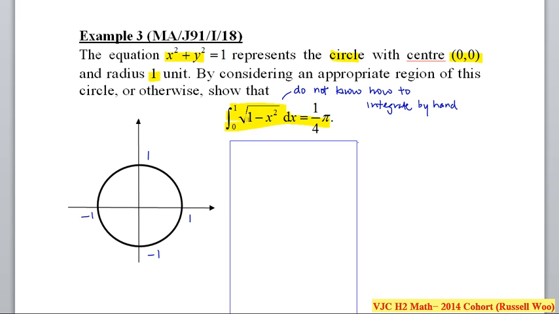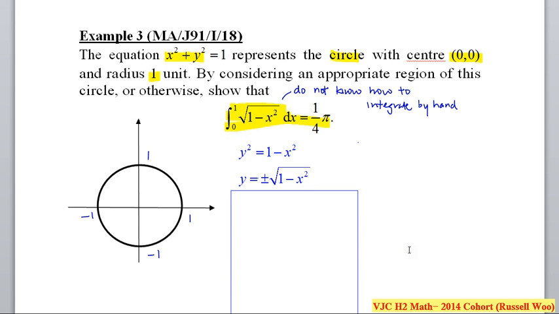And actually integrating square root 1 minus x squared, you realize that by rearranging this expression, actually square root 1 minus x squared is actually y.